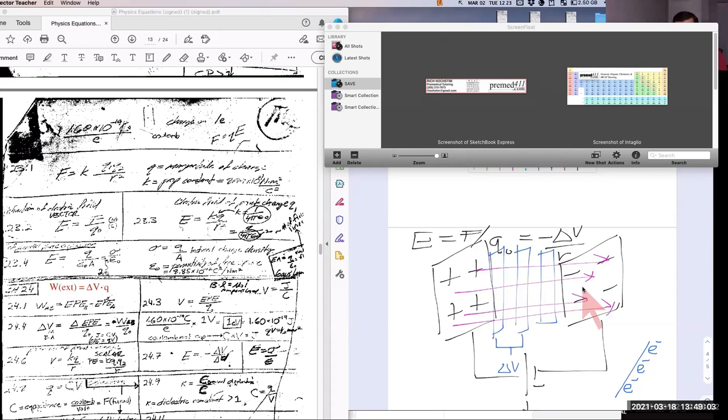We can also measure this distance here in terms of R, and divide them, and that gives us delta V over R. That is another definition of the electric field. And when the electric field is uniform, it's much easier to look at it and see what's going on.